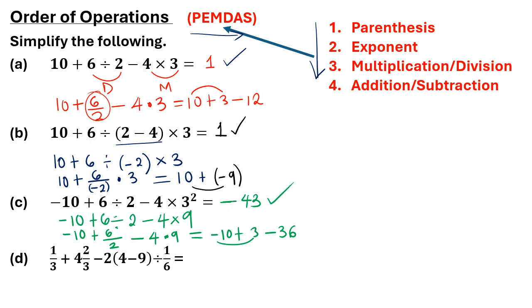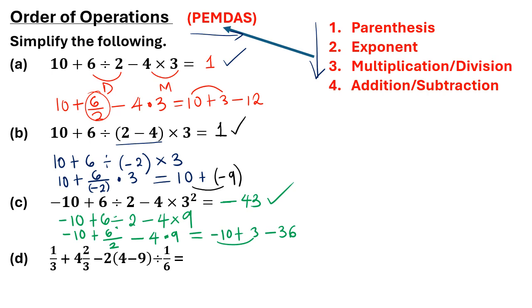All right, let's go to the last problem. The last problem has fractions, so we're still going to do the same. I would like you to always go back and double check with your calculator. If you have a scientific calculator, you would use that to make sure that what you're doing is correct. But you have to be very careful as to how you plug these numbers into your calculator.